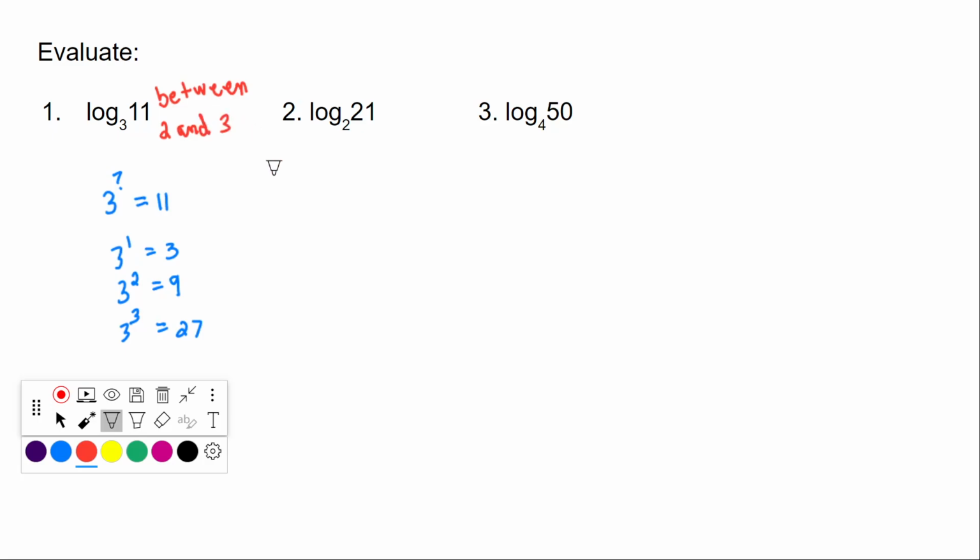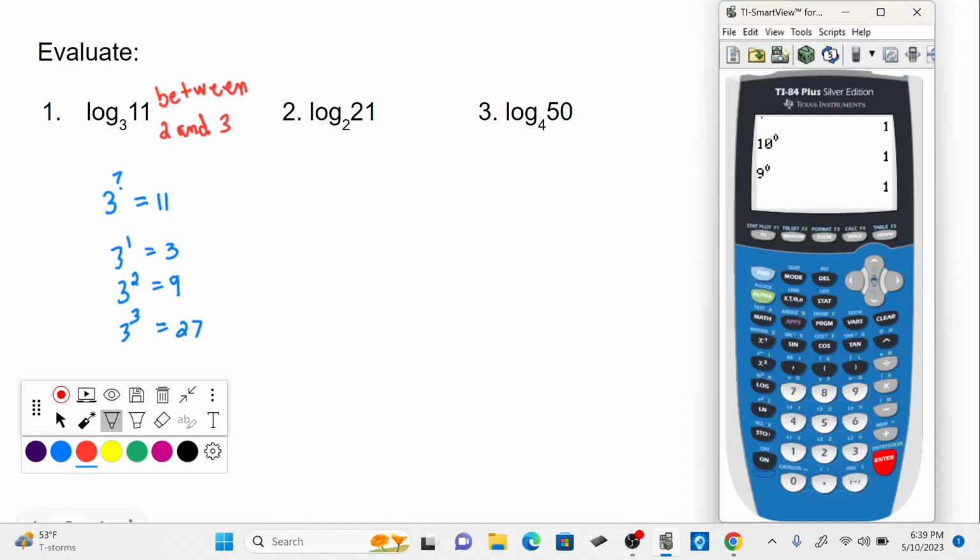And we'd have to be doing a lot of testing in the calculator, and I'll just show you, but for purposes in class, I'm just going to ask that you estimate it like I have here, between the 2 and the 3. So if I clear this and I try 3 to the 2.1 power, because I estimated it would be closer to 2 than it would be to 3.